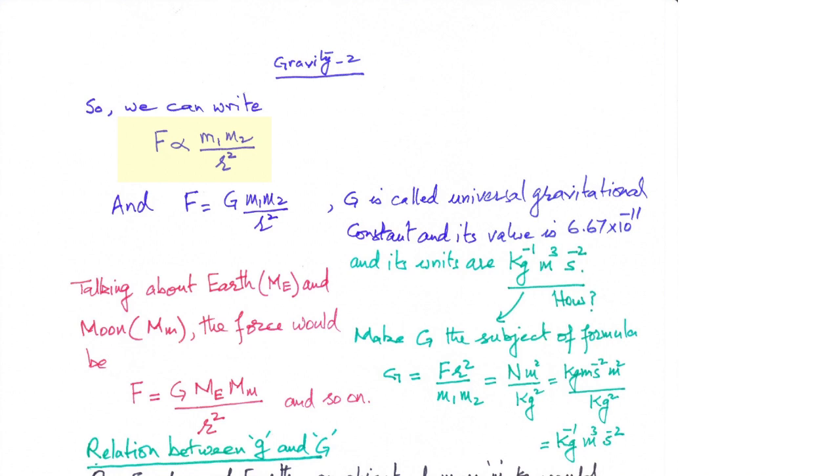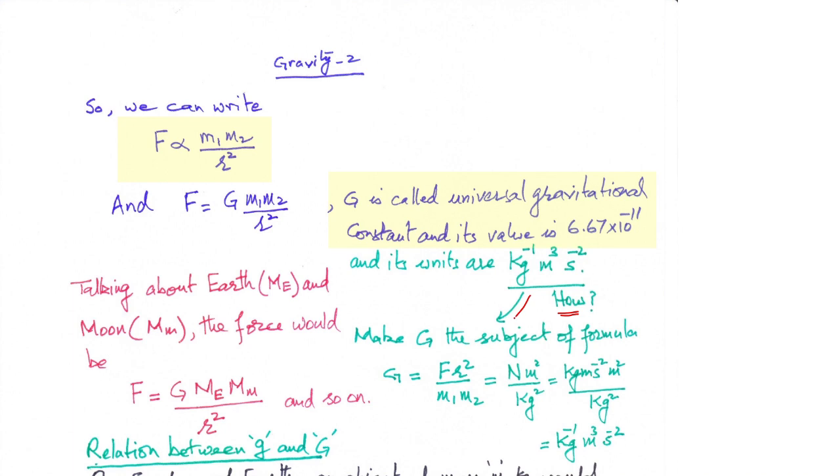Now to change the proportionality sign into equality, we have to put in a constant. That constant is capital G and it is called the universal gravitational constant, and its value is 6.67 into 10 power minus 11 per kg meter cube per second square.